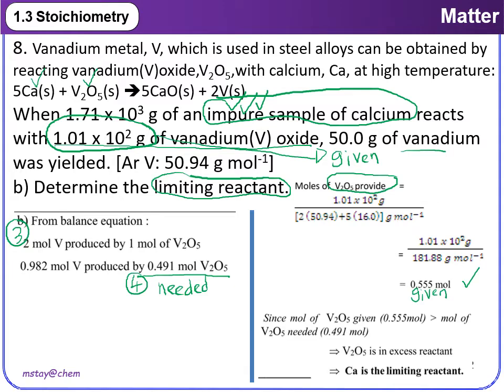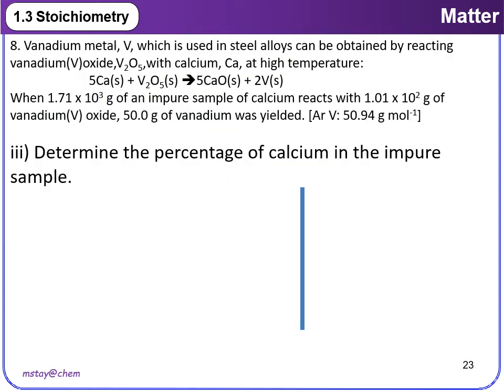When we do the comparison, we notice given is more than needed. So vanadium 5 oxide is the excess reactant, and hence the calcium will become the limiting reactant.